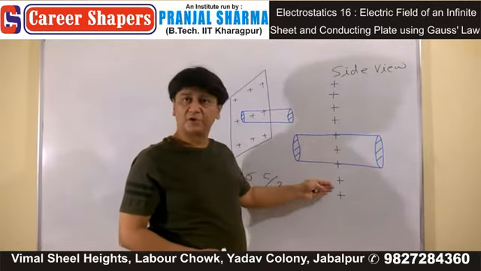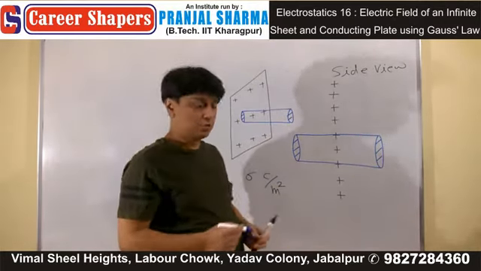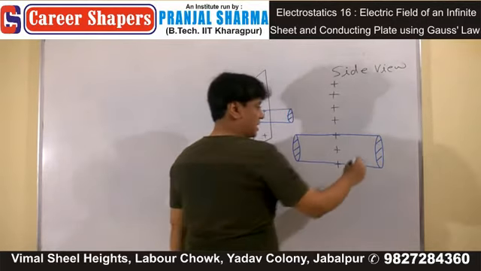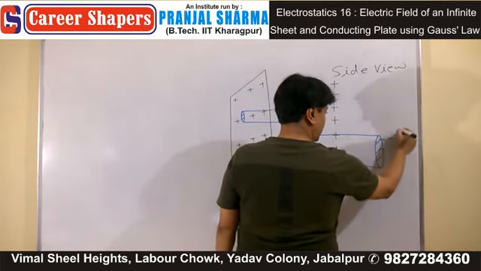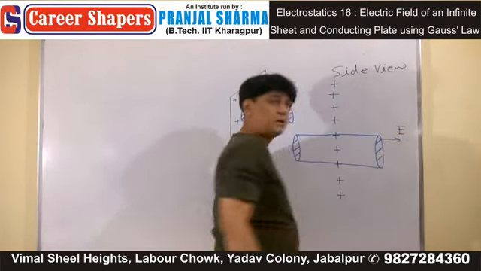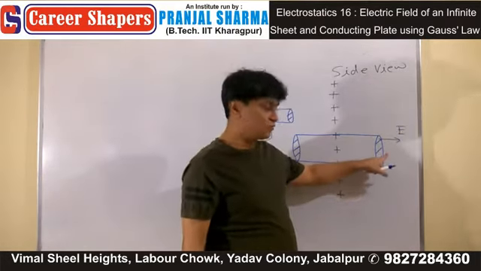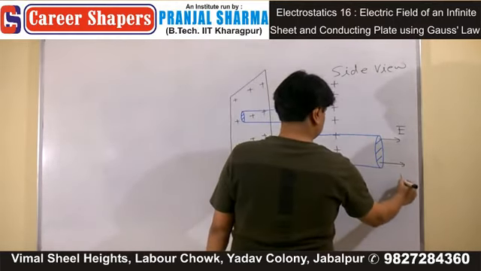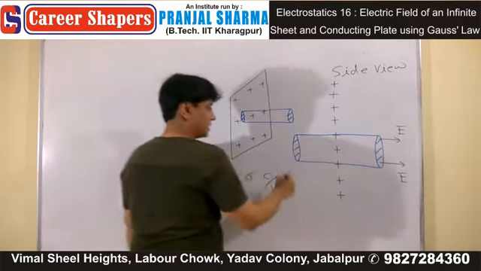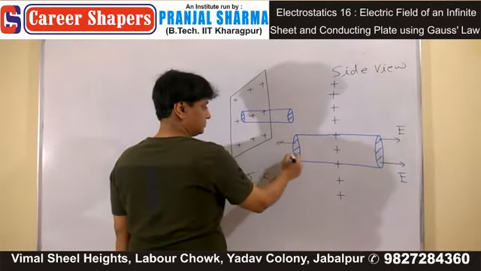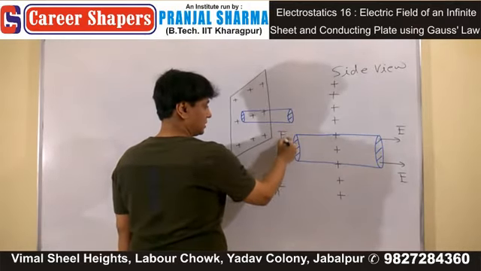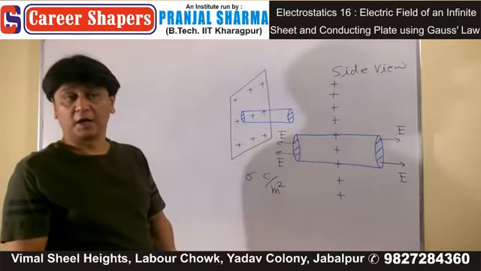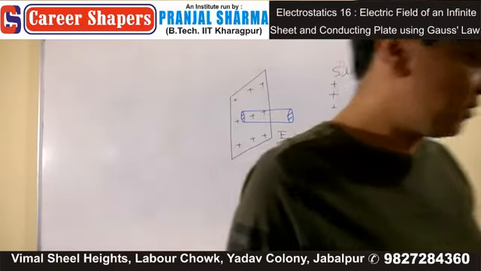So, for an infinite sheet, I told you that electric field at every point of the flat surface, it will be E, E, E. Why? I gave you the logic for this in the previous class.